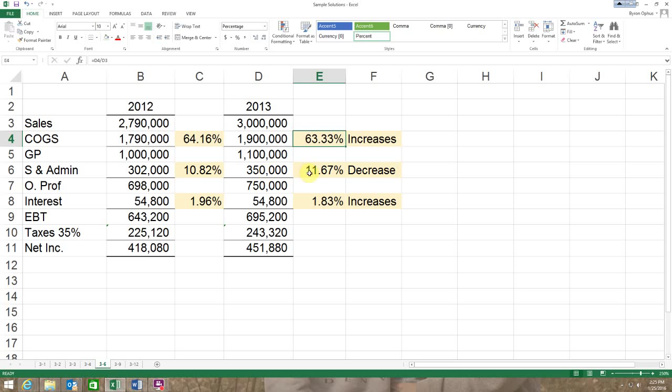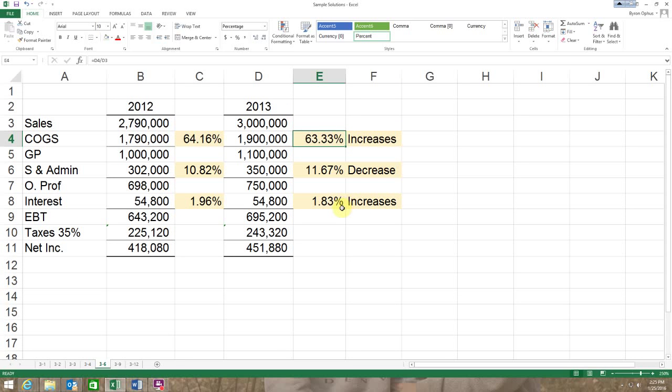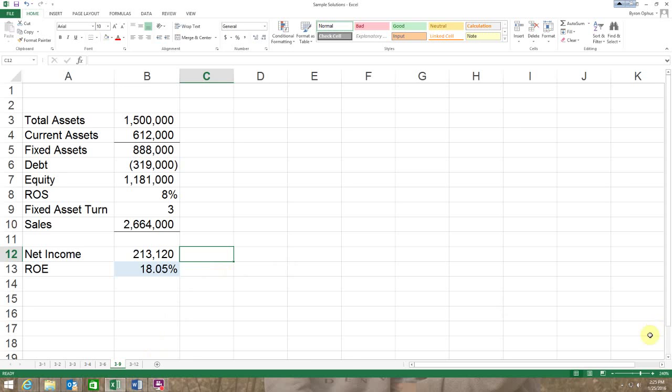So I had an expense that went up, so that decreased profit. And my interest amount stayed the same, and so I know that as a percent of sales it went down, and so it actually increases my profit. Okay? And that's all it's asking for on those three particular categories. So just do your two columns, do your formulas, and you'll be golden.